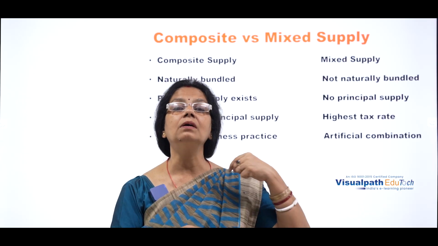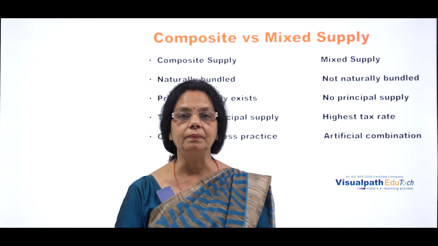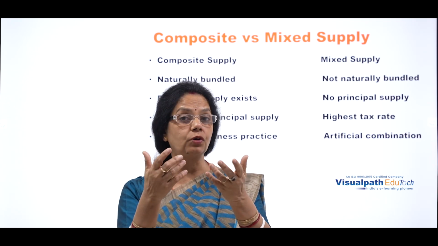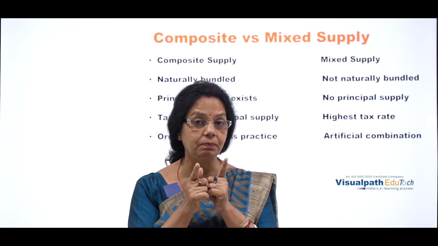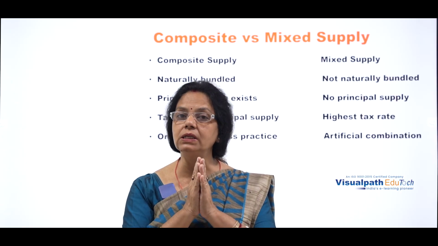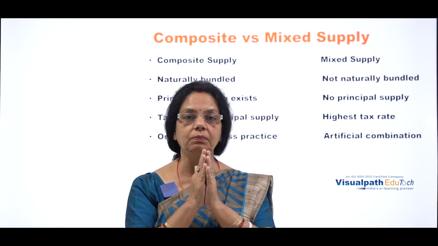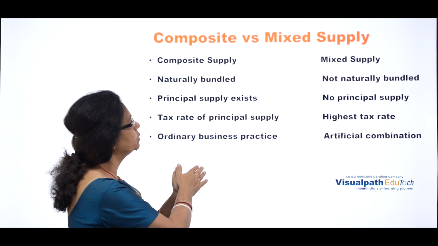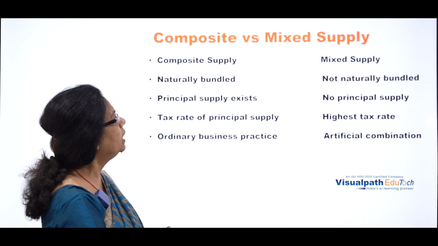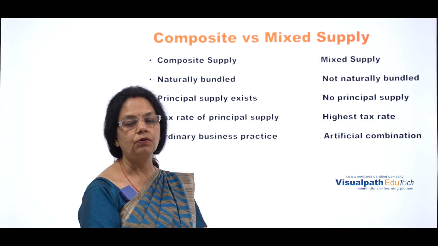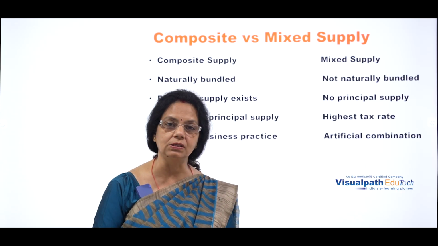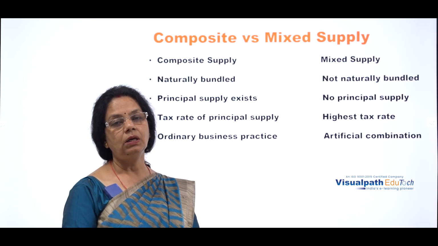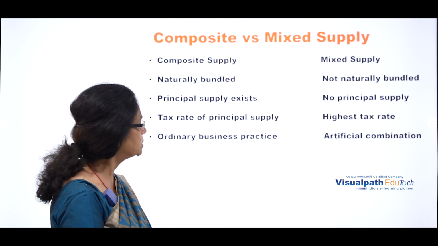A shirt with a clip, a nice clip. These are the combinations. If you provide them, you can attract people very nicely. And on that basis, how will the tax be calculated? On the principal product, the main product, the highest valuation product. So these are the differences between composite supply and mixed supply. We got only four differences. You can find more if you want. But these four differences are very, very important. These are the primary differences, right?